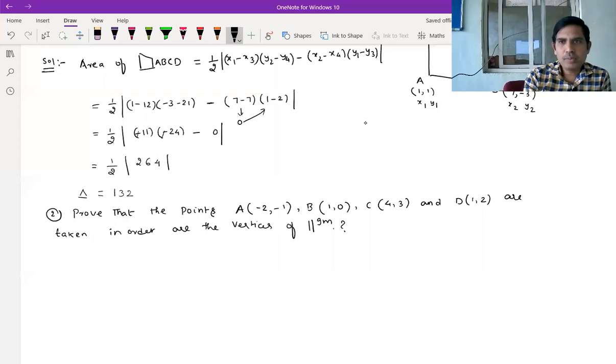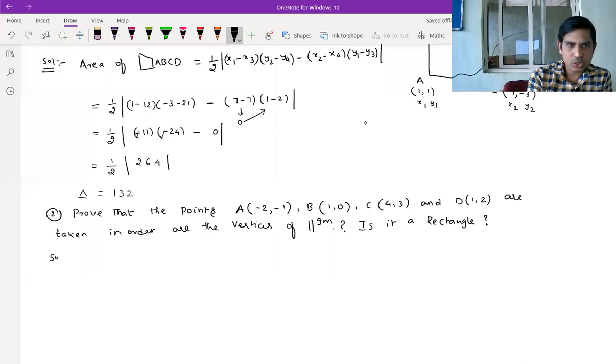Can I prove that the points taken in order are the vertices of a parallelogram? Okay, now one more question: is it a rectangle? We have that question as well.